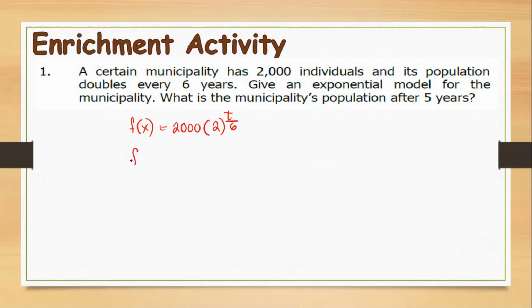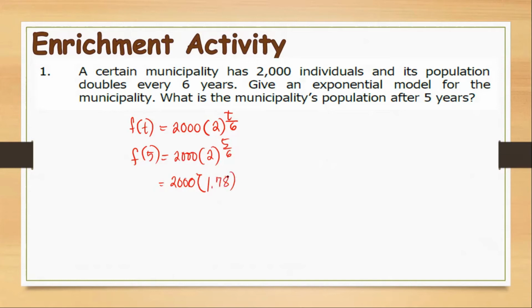So all we have to do is substitute. Sorry, it's not f of x but f of t, where f of t refers to the population. So f of 5 equals 2,000 multiplied by 2 raised to 5/6. So that will be 2,000 multiplied by 2 raised to 5/6, which is equal to 1.78.